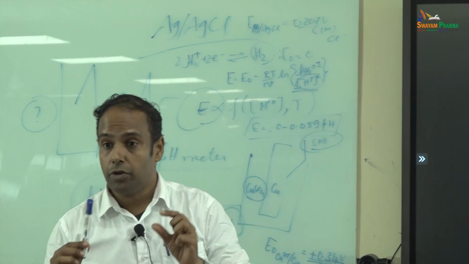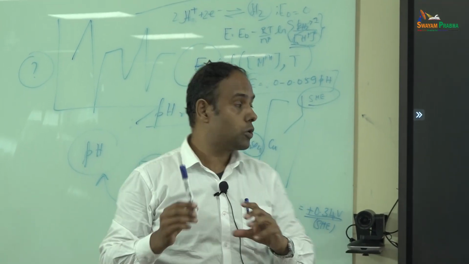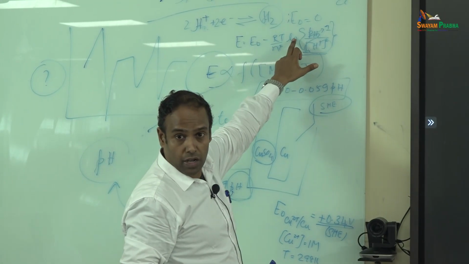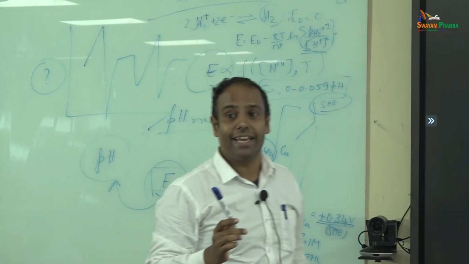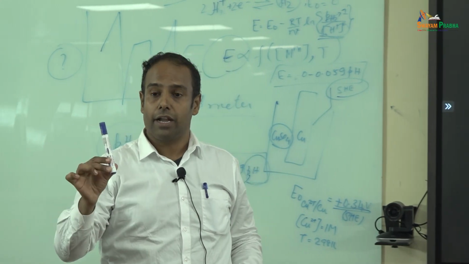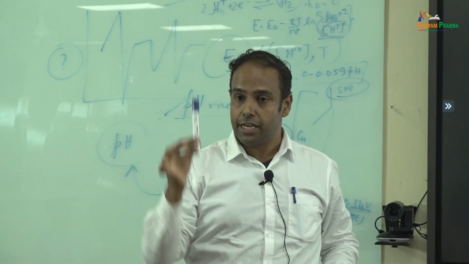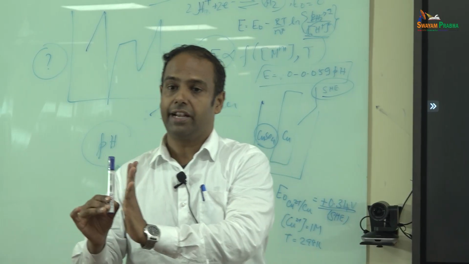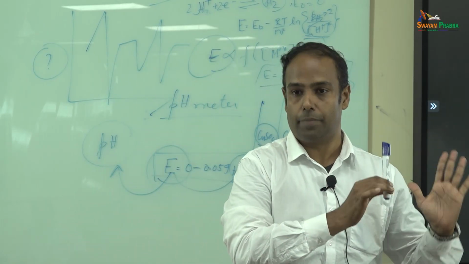So, if I have to fabricate a reference electrode, I again need to use the concept of electrochemical reactions, maintaining it at reversibility and at equilibrium. I can have an electrode which gives me a single potential, and if I can maintain this at a single potential, then I can take it as a reference electrode for my applications.